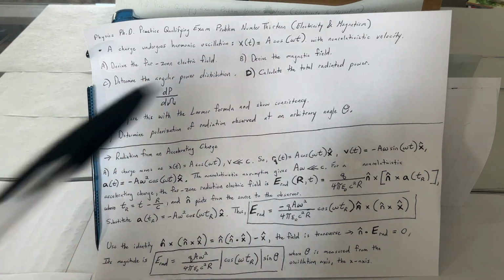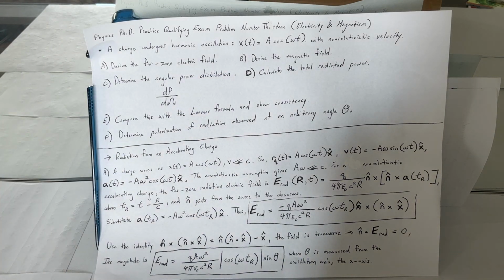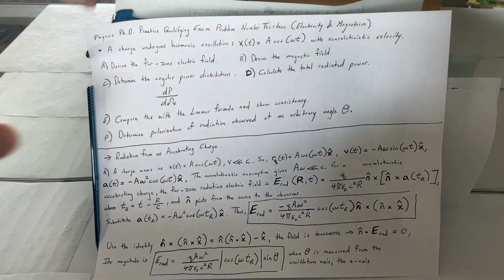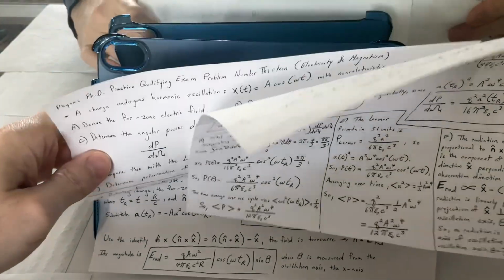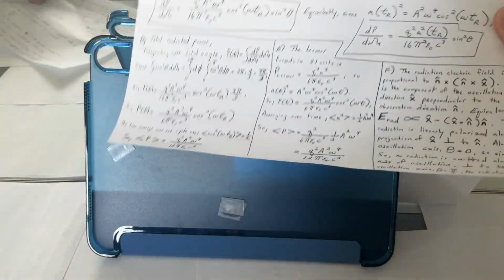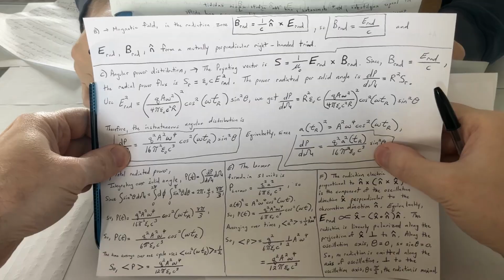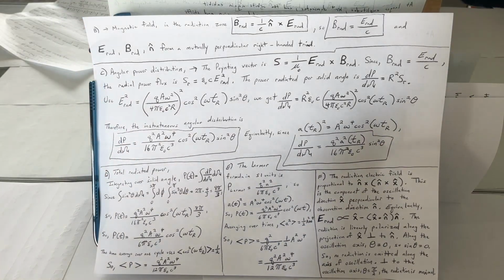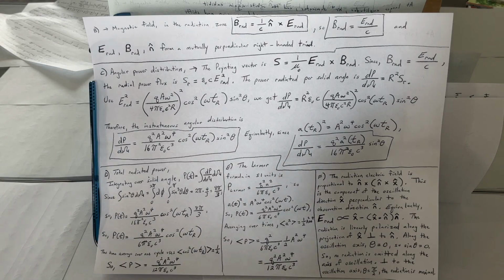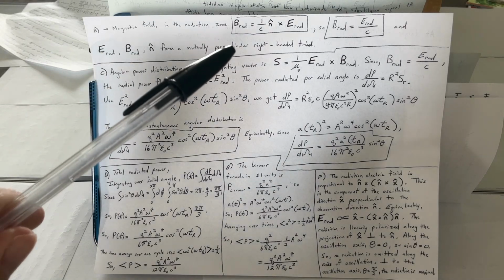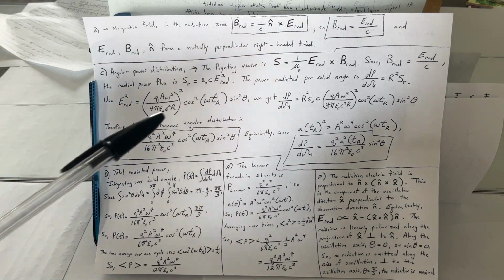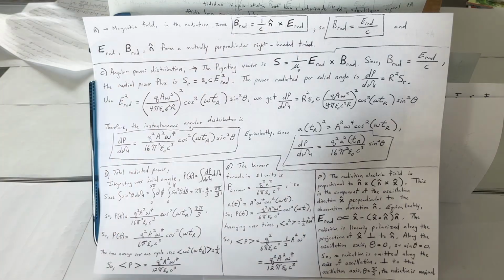And for letter B, they want us to derive the magnetic field. So here for letter B, the magnetic field in the radiation zone, B sub RAD, equals the following: 1 over c, n hat crossed with E sub RAD.